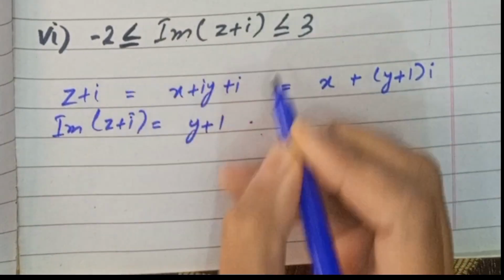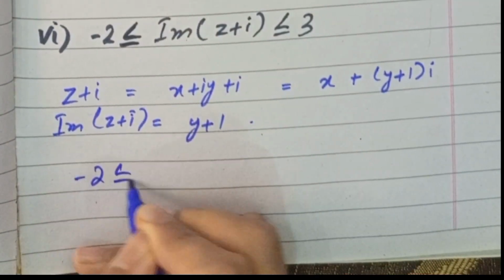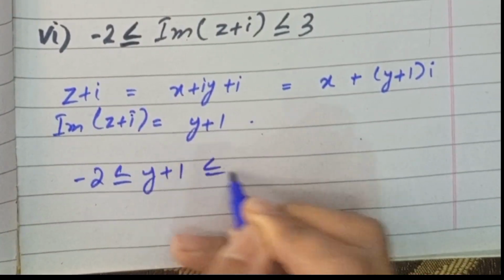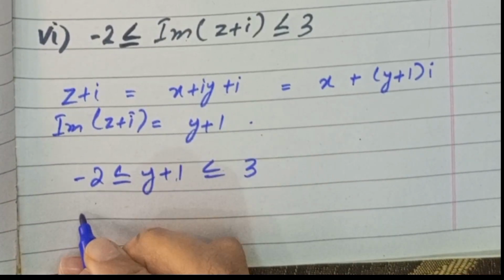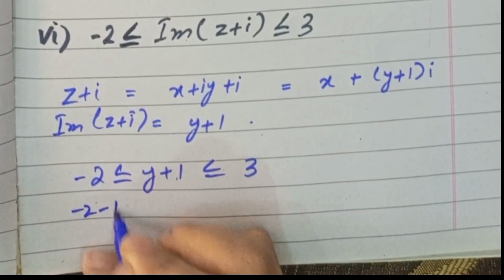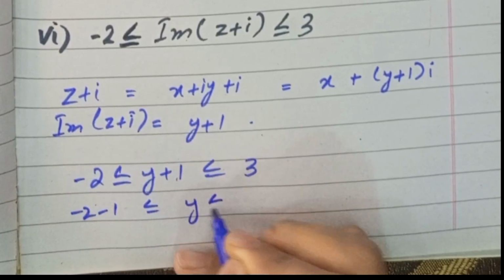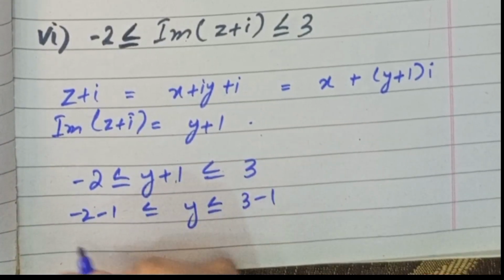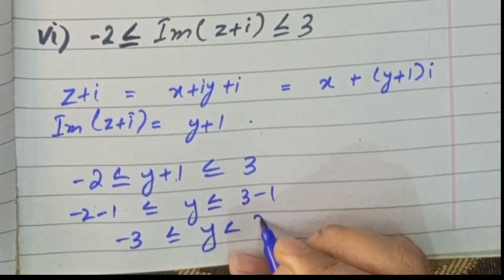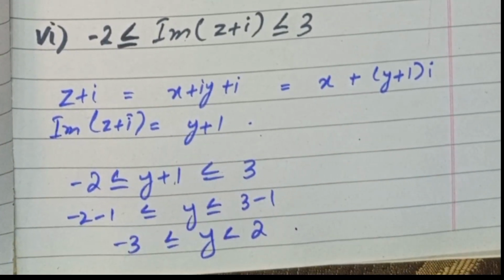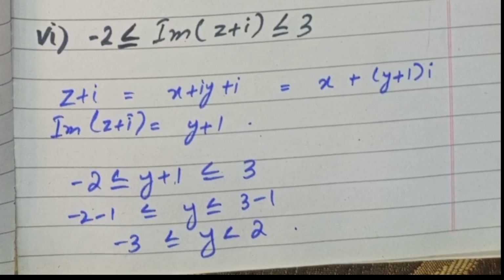Now put it in this inequality. Now this one we will subtract from both sides. Minus 2 minus 1 is minus 3. 3 minus 1 is 2. So we'll get this inequality as a result.